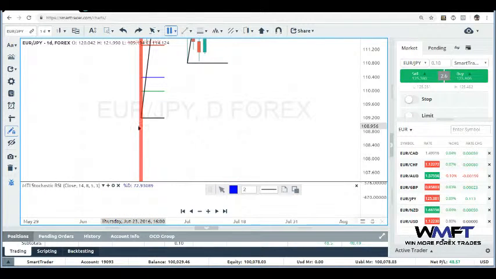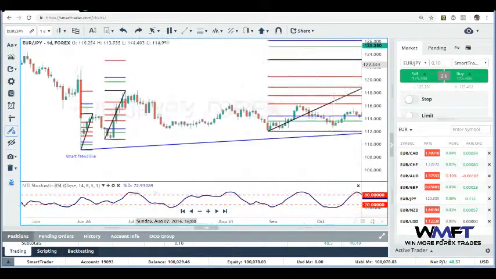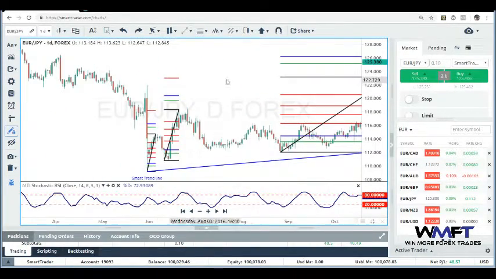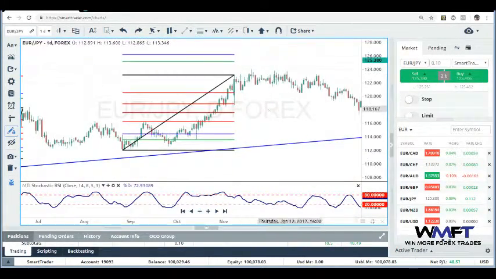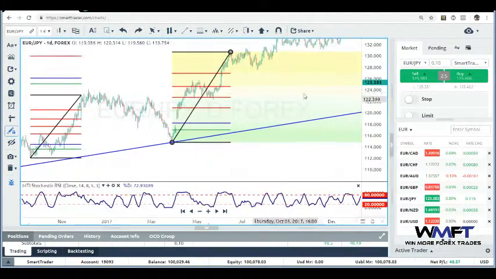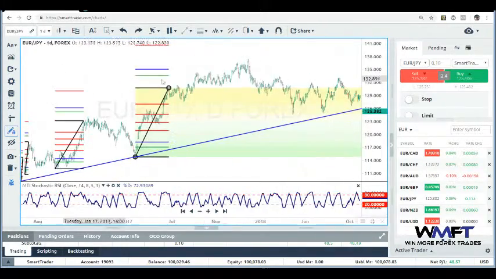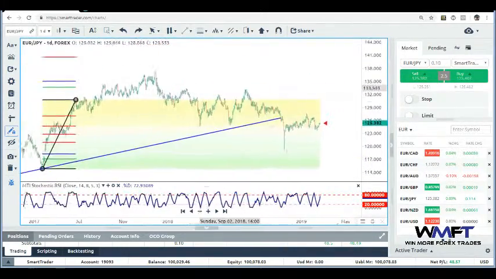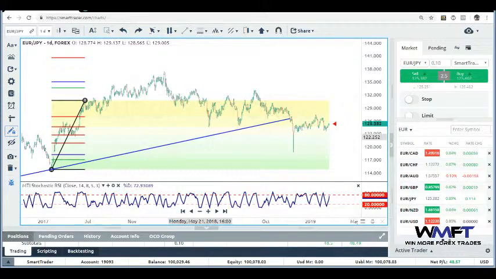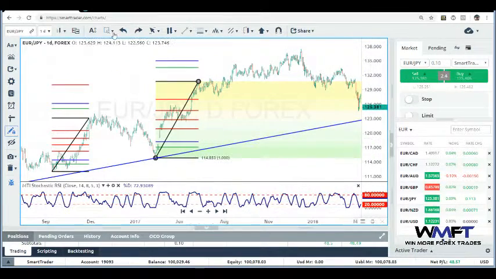All right, where is the next touch? We need to find the next touch on this trend line, and there it is. Okay, all right, that was the next touch, the previous touch on this trend line.